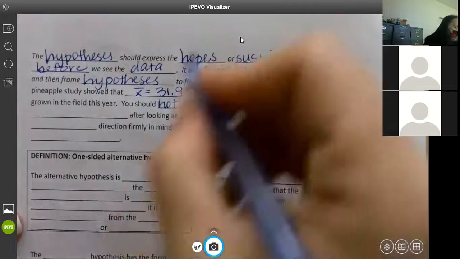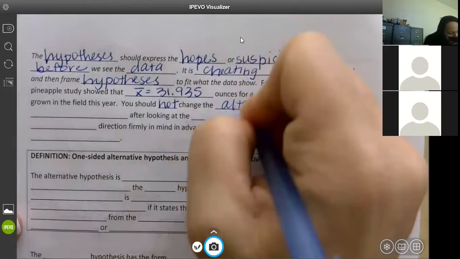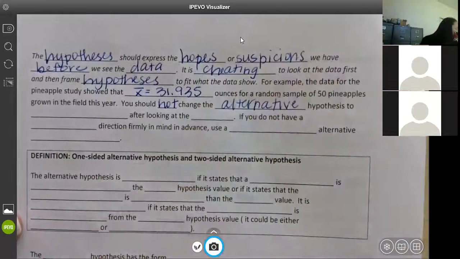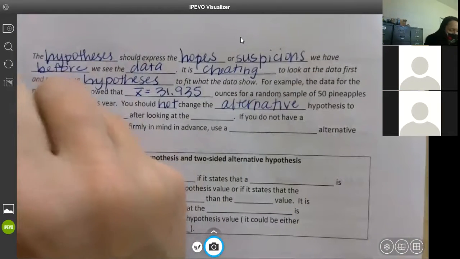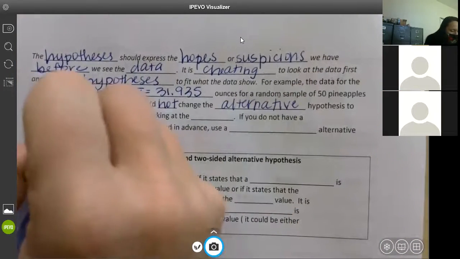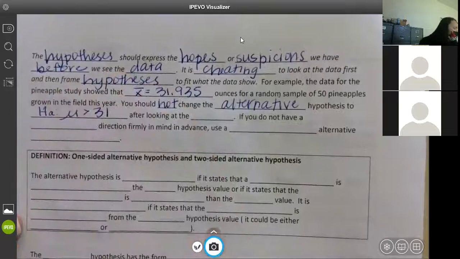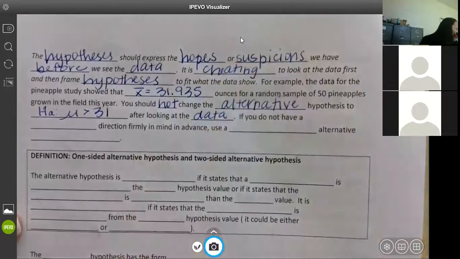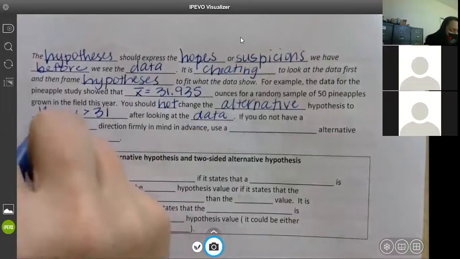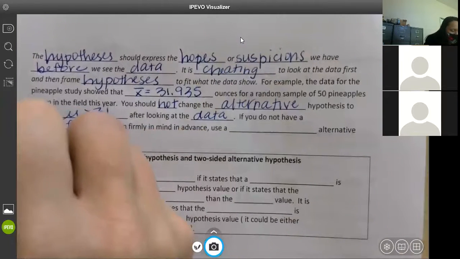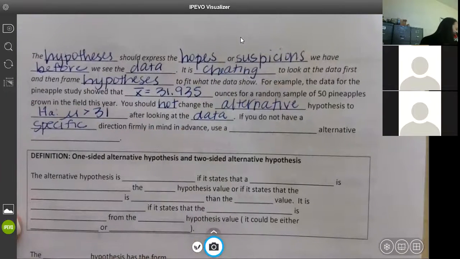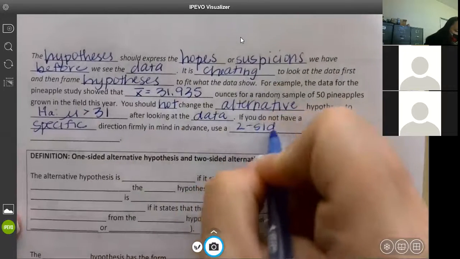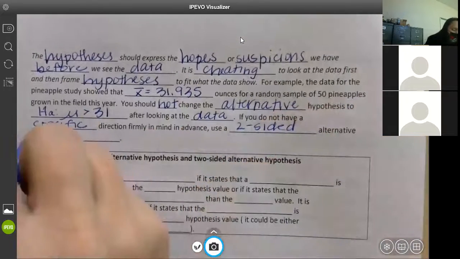You should not change the alternate or alternative hypothesis to mu is greater than 31 after looking at the data. If you do not have a specific direction, like we did not have one, then we should always use a two-sided alternative hypothesis.